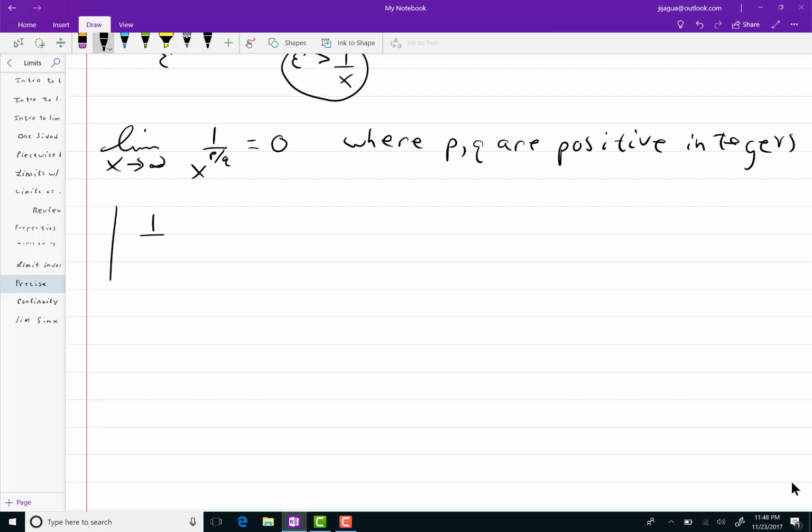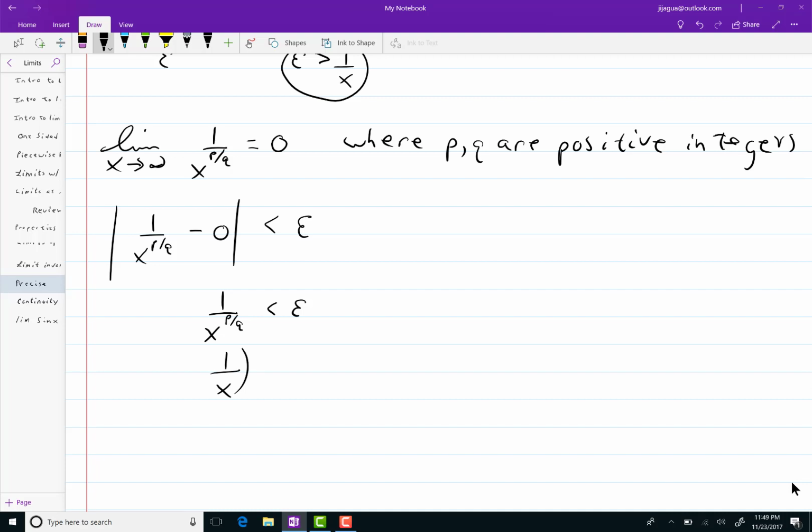So if you play the same sort of game, we'll be looking at stuff like this. 1 over x to the p over q minus 0 is less than epsilon, is where we eventually want to get to. Since x is positive, I have 1 over x to the p over q less than epsilon. Now, how do you try to actually get x by itself here in some way, shape, or form?